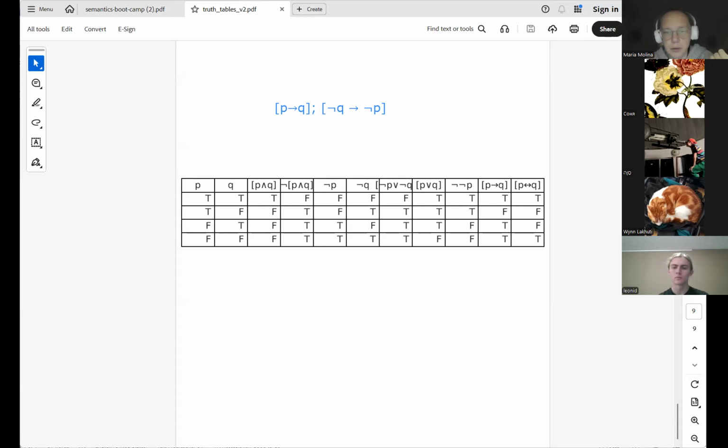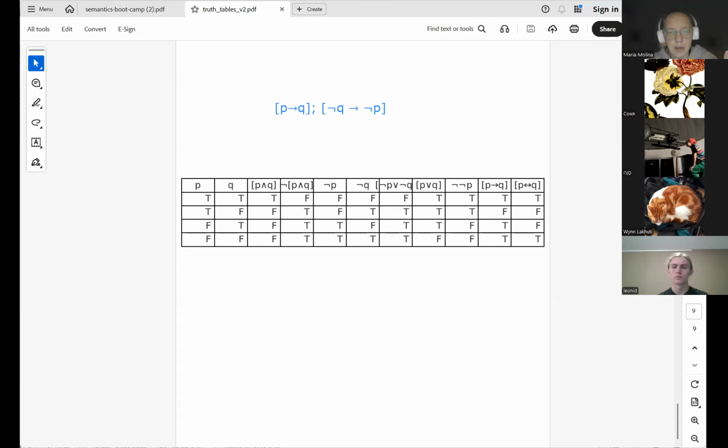Just one moment. One moment. De Morgan's law for disjunction would be negation applied to negation P. One moment.